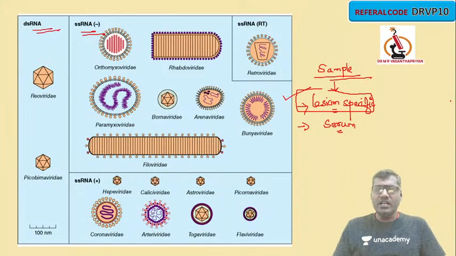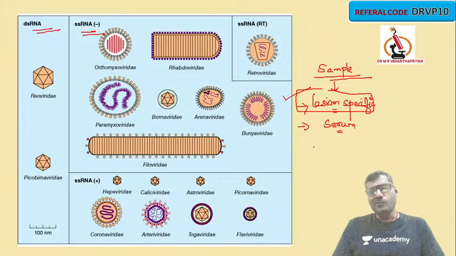Only then can we specifically demonstrate the morphology of the virus by the microscopic method. So mainly lesion specific samples are collected. In the case of rotavirus, we collect a stool sample. In the case of rabies infection, we collect corneal smears or a biopsy from the facial skin.